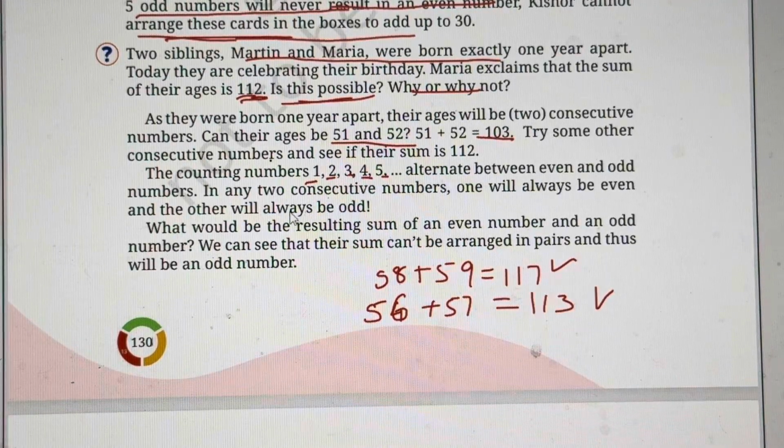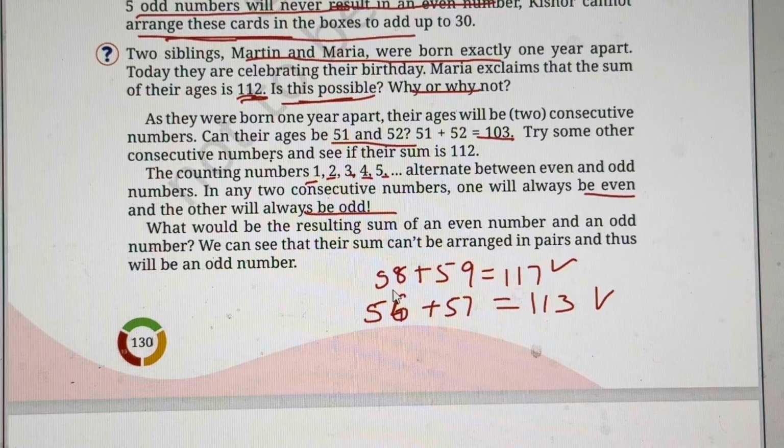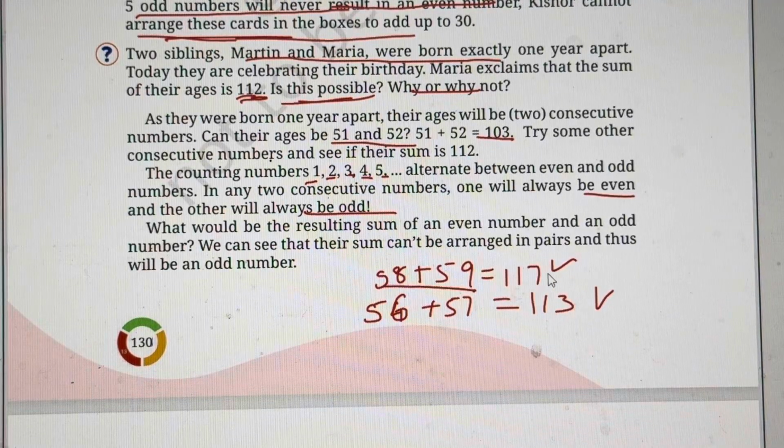And when we add these examples of consecutive numbers, we are getting an odd answer, not an even answer. Here, Maria said that it is 112, which is an even number, right?